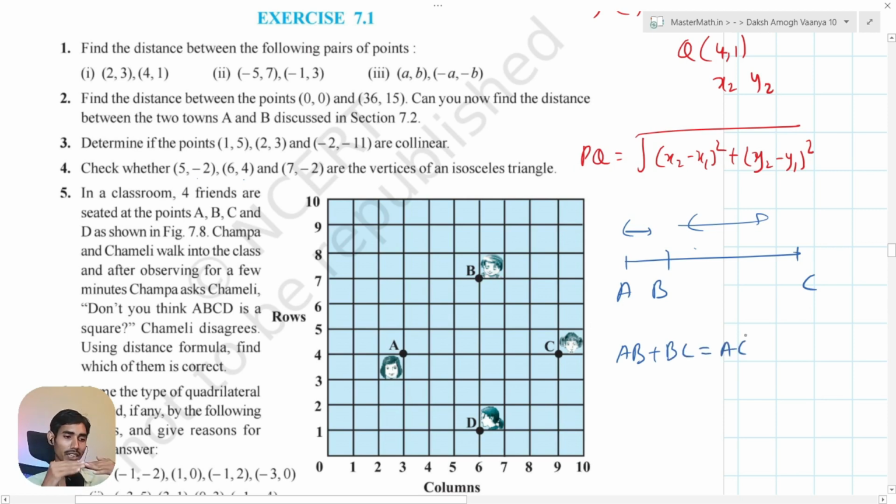If they were in a straight line, this should be the case. When are they not equal? In which case would this not be equal? Anyone remembers any properties? Not equal means maybe greater than. What happens? Probably it should give you a clue.